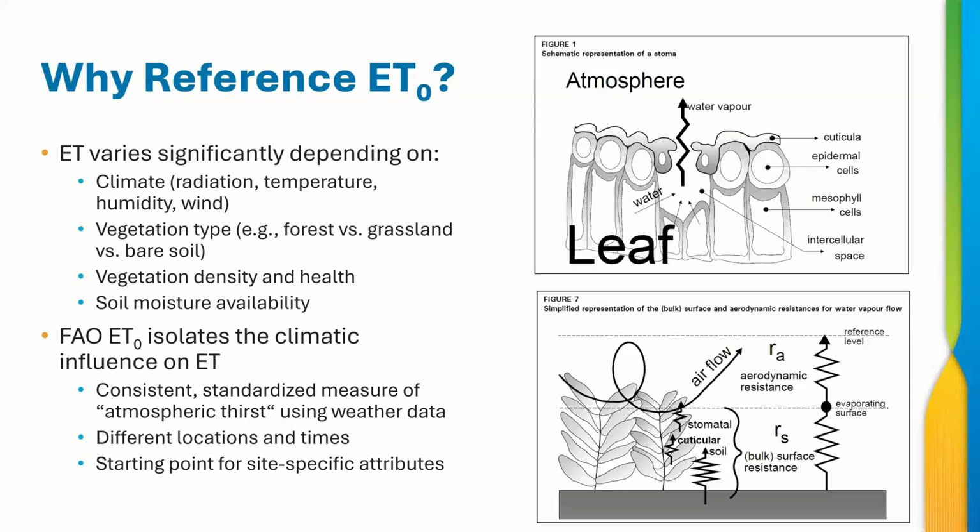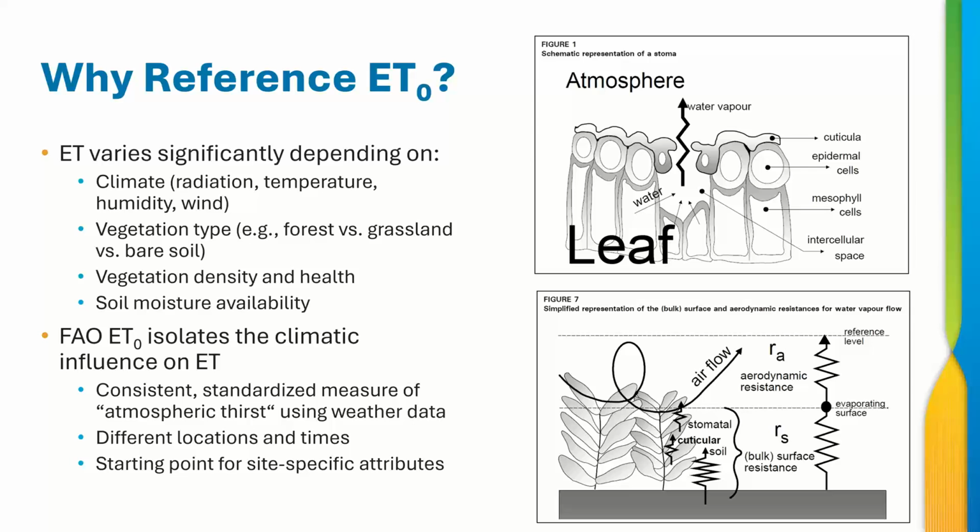And because those two components are difficult to measure, the great thing about having this reference ET is that it was done for a hypothetical situation that allows us to standardize the rate and estimate that rate as a constant.